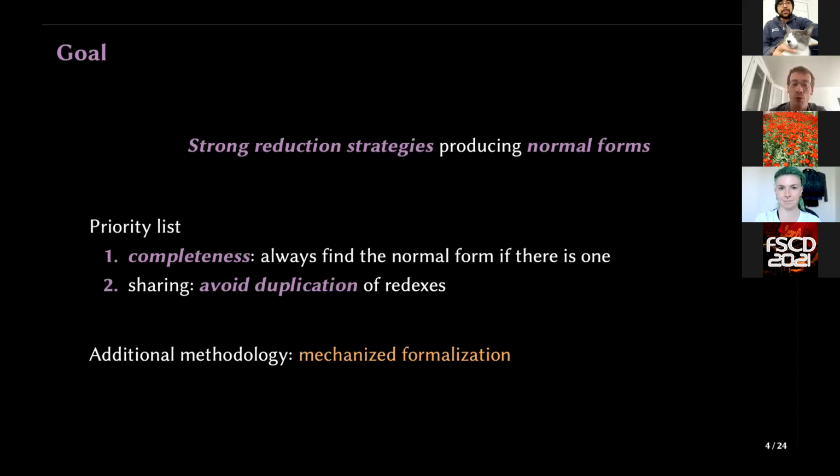We do not want to stay stuck midway in the path to the normal form. But also, we should not reduce too much and, for instance, diverge by trying to reduce some part of the term which is not actually needed to compute the normal form. So this is already quite a complex statement.